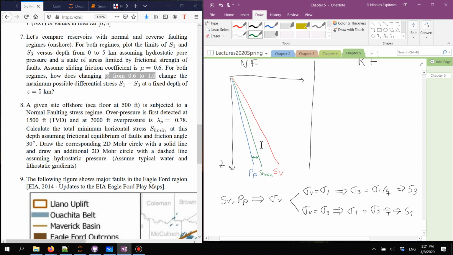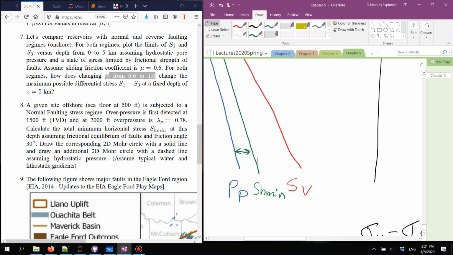Let me zoom in there: this is going to be sigma 3, and from here to there, this is going to be sigma 1. So the higher the friction coefficient, the higher the anisotropy, or the difference between those two, and the smaller sigma 3 is going to be, and therefore the smaller SH min.